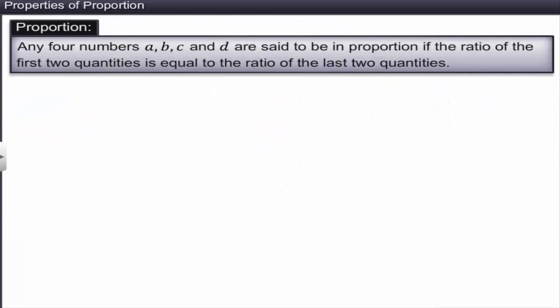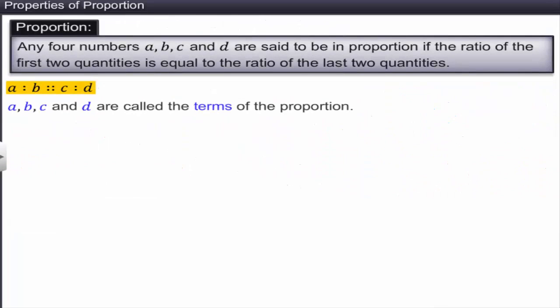That is, A:B is equal to C:D. Symbolically, it is written as shown here and can be read as A:B as C:D.